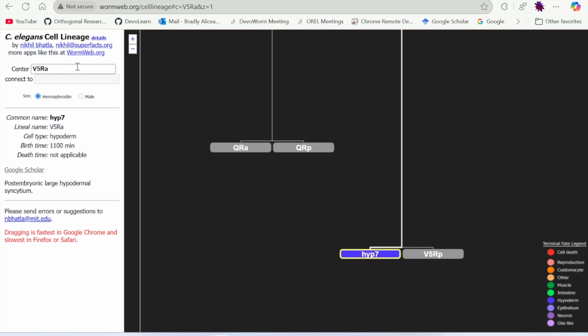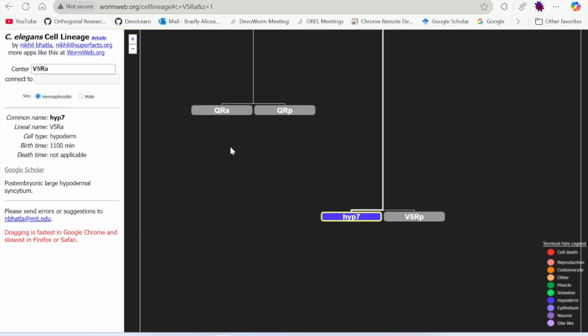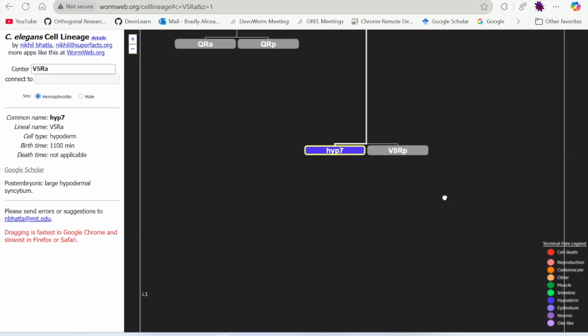Okay, so we might be able to modify his code to show the syncytium. Yeah, wormweb.org is where you can find more apps. I don't know if he has a link to a GitHub repository, but I don't exactly know what this is made in, but anyways.